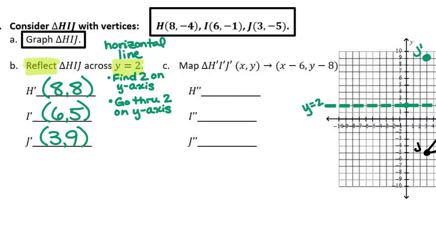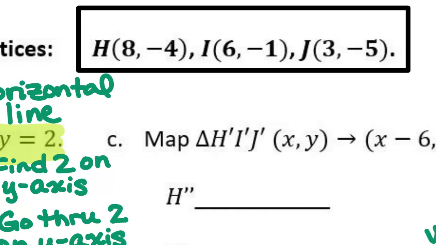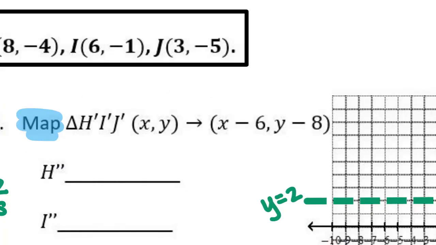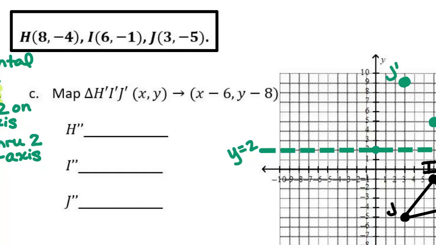And then we get to this next thing. It says map, and then it's got this weird stuff. What does this notation mean? Yes, we're going to change the x's by minusing 6 from them.